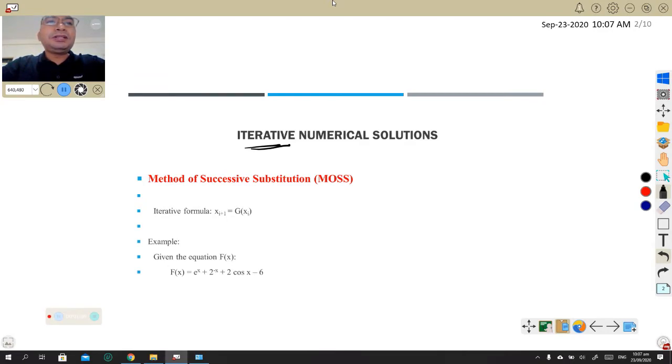So we have the given function f of x equals e raised to x plus 2 raised to negative x plus 2 cosine x minus 6.